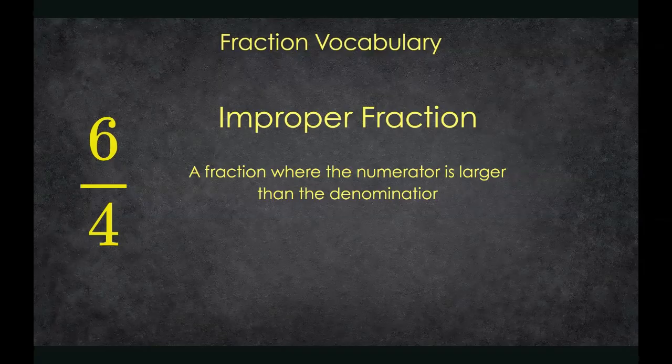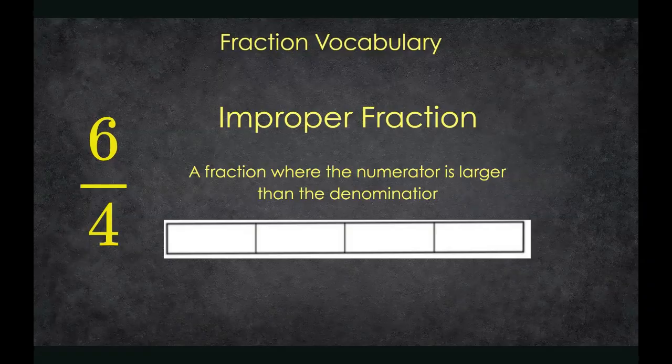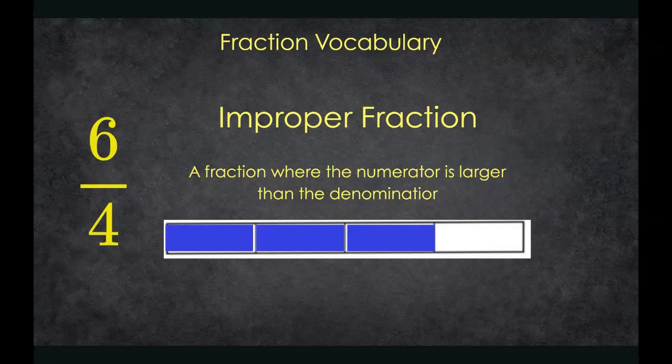Another thing to keep in mind is whenever you have an improper fraction, that just means you have more than 1 whole. So in this example, I have 6/4. So my model is going to be cut into 4 pieces, and I have 6 of those 4 pieces. 1, 2, 3, 4. That's 1 whole. But now I need 2 more pieces.